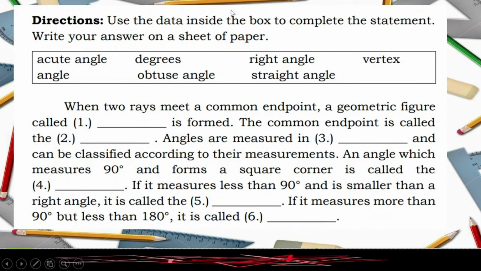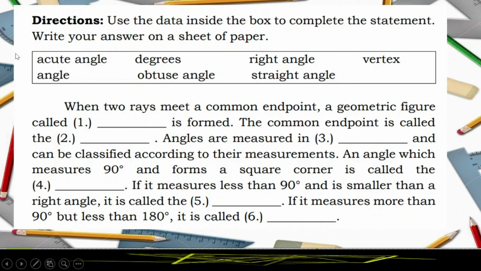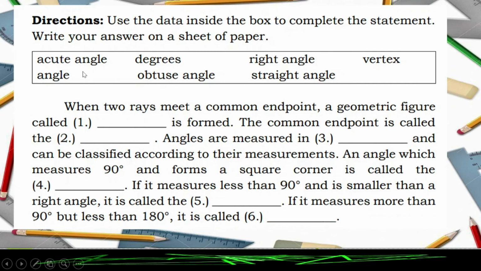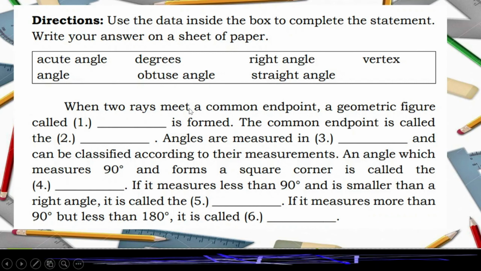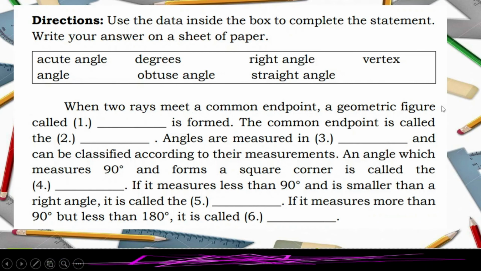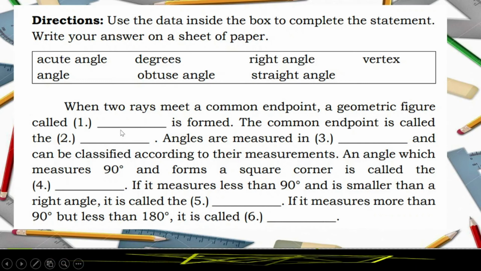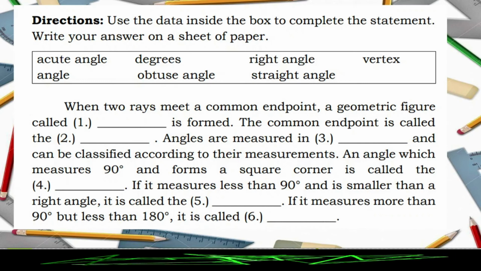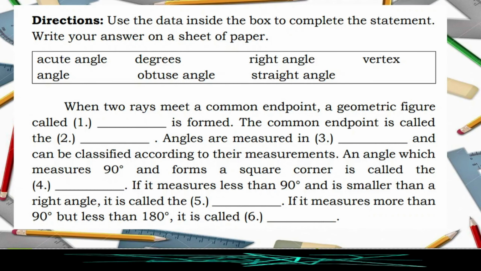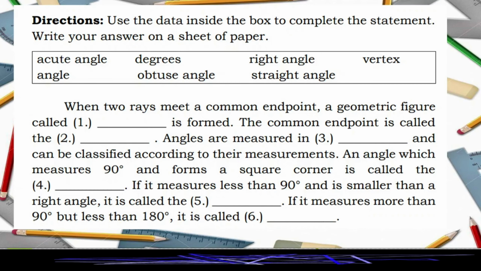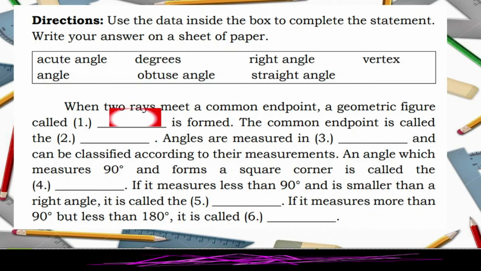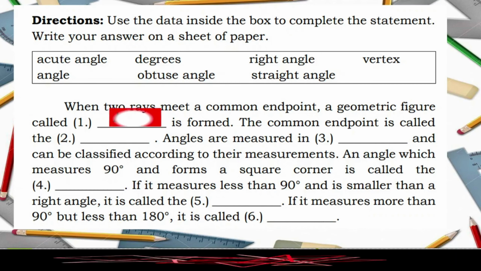Next, use the data inside the box to complete the statement. Write your answer on the sheet of paper. When two rays meet a common endpoint, a geometric figure is called an angle. Correct.